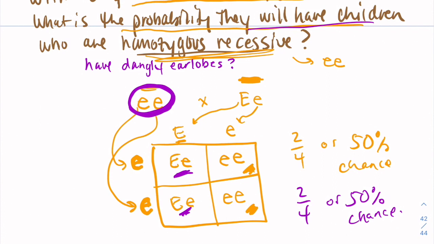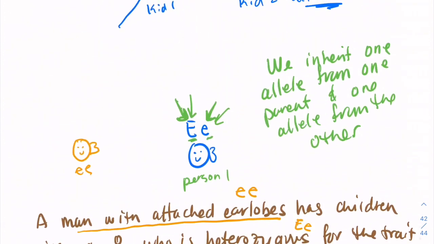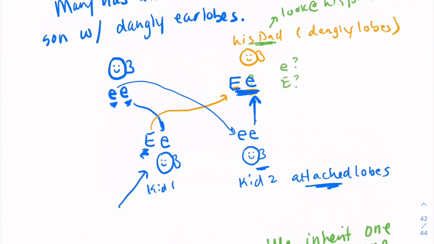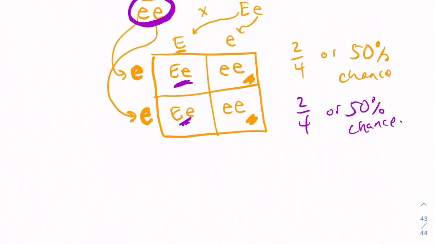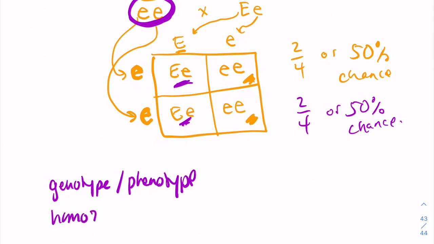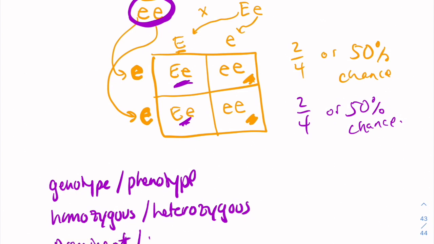All right, so these are pretty basic little problems that we come up with. You just need to make sure you know all these different vocabularies. You need to know genotype versus phenotype. You need to know homozygous versus heterozygous. And if we're talking homozygous, we need to be able to say homozygous dominant, or homozygous recessive. And know that everyone has 2 alleles per trait.